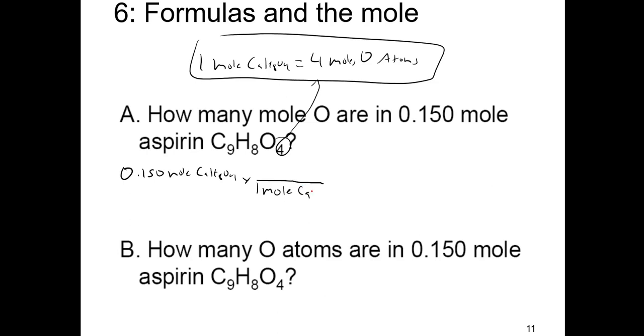The 1 mole of C9H8O4 goes on bottom. The 4 moles of oxygen atoms goes on top. And then that would lead to 0.600 moles of oxygen atoms.